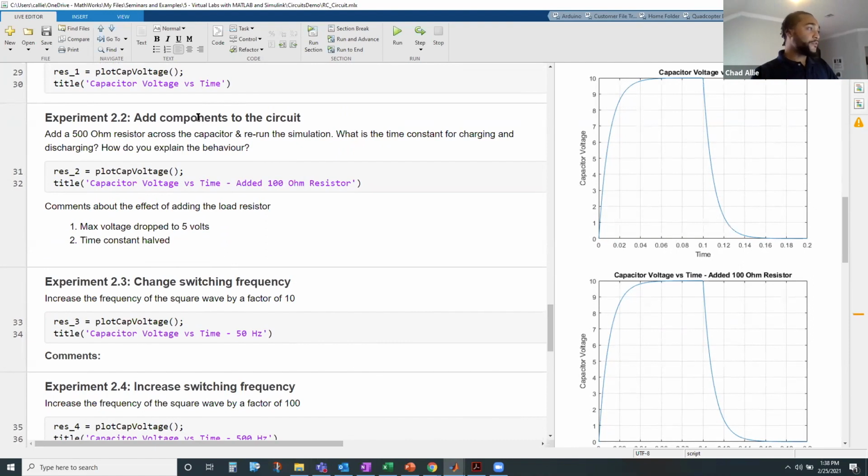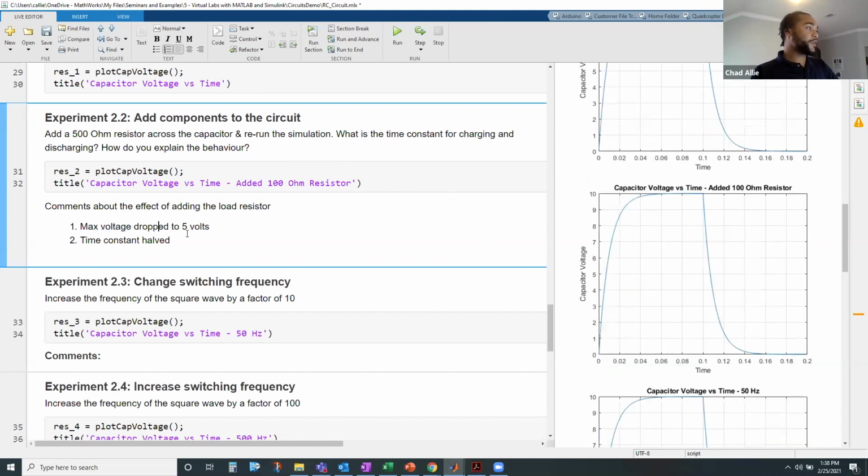So, for instance, this next experiment talked about adding a component to the circuit. Well, I just added another resistor, right? I can actually go now and look at what the change was there versus on a voltage or current type of change, and see and understand the behavior that changed, and then even start talking about making some observations, like understanding what changed because I added that new component, right?